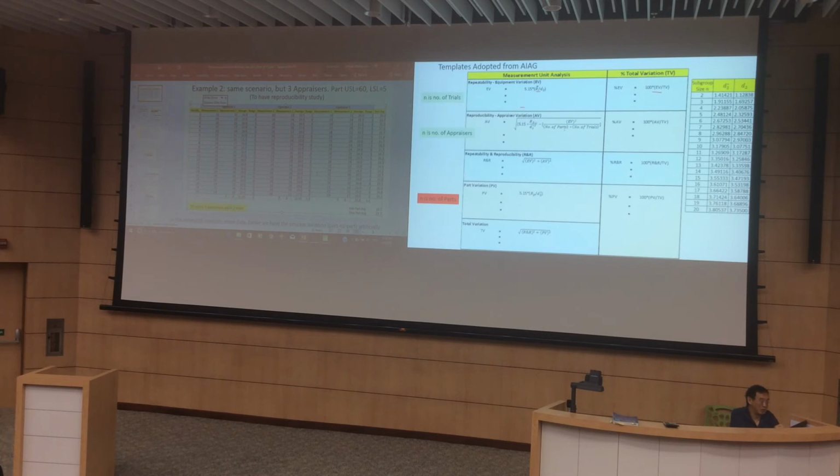Plug in this equation, subtract this estimate, and then subtract this one, you get the right thing. This is for shop floor usage. Using the X bar R from this template alone, shop floor people can use calculators to do it. You don't need a computer. But if you use ANOVA, because of all the summations, subtractions and squares, you have to use a computer.